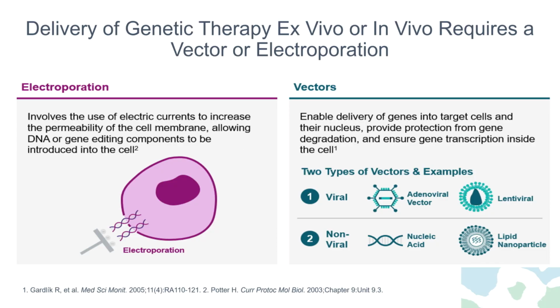And most of this research is going through electroporation. But some of the concern with electroporation is you need a higher number of stem cells. You are losing more stem cells in this method compared to that. So there is a balance between what you are going to benefit and what you are going to lose with that.